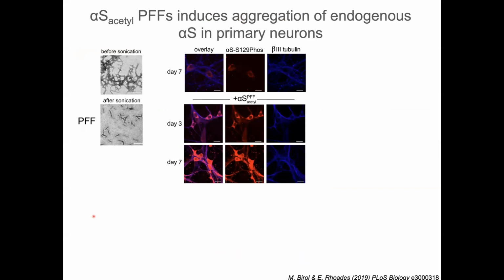What I'm showing you now are primary mouse neurons. She is growing these in culture, and then treating them with aggregates of alpha-synuclein and allowing them to incubate.